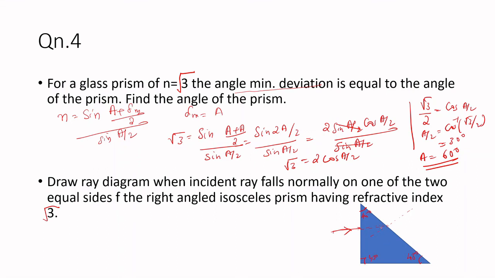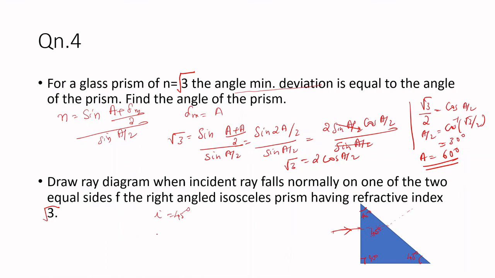Now here we will find out what is the angle. Here, this is a normal and this is a parallel, so that means it will be 45 degree over here. So angle of incidence is equal to 45 degree on the second face of the prism.